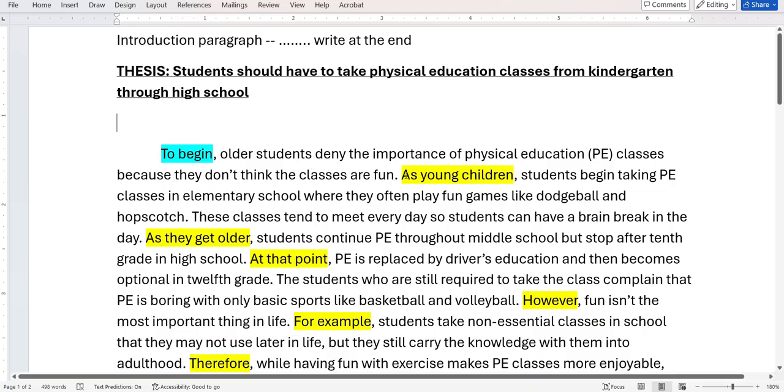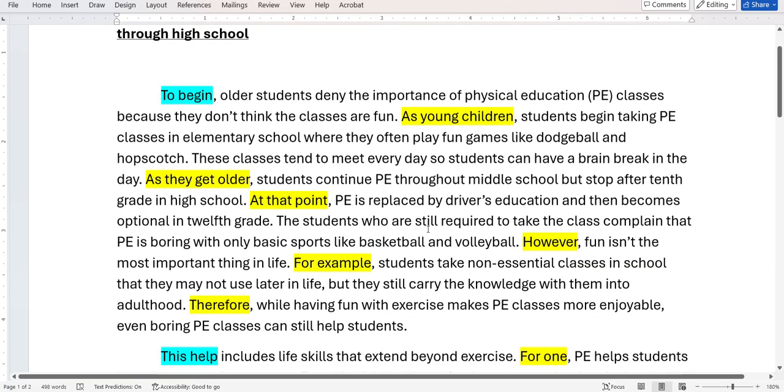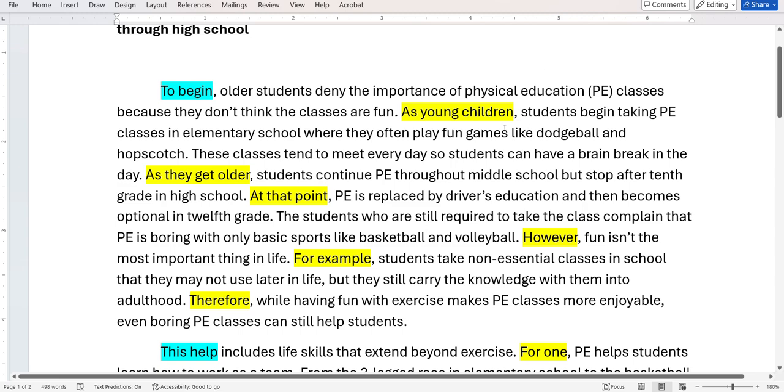And then I have, like, as young children, students begin taking PE classes. As they get older, and at that point, so each of these is walking my reader through different steps through what is a major detail and a minor detail.